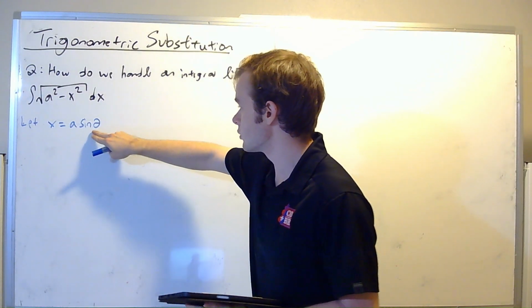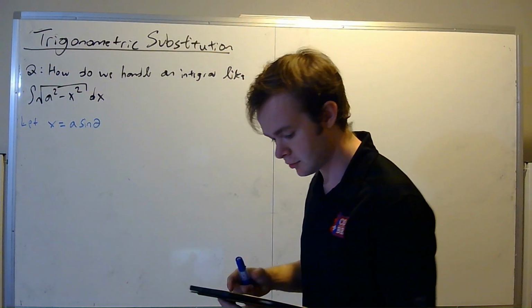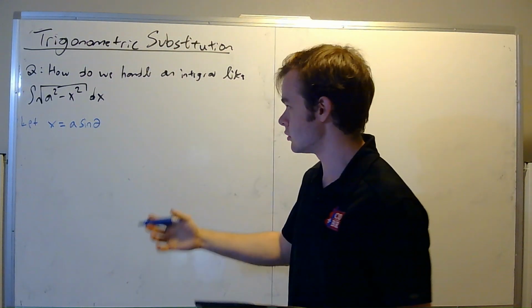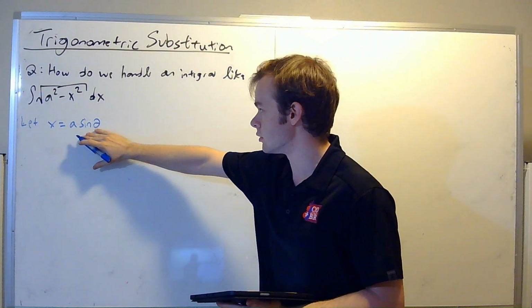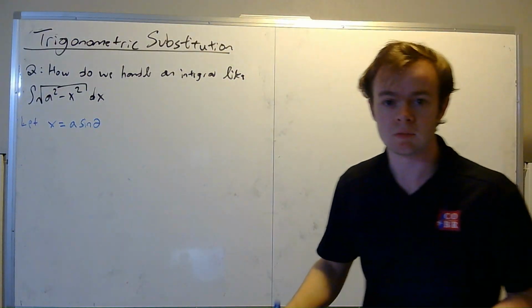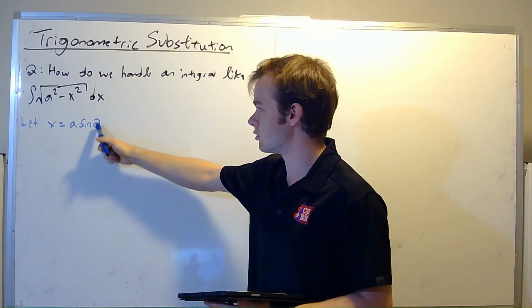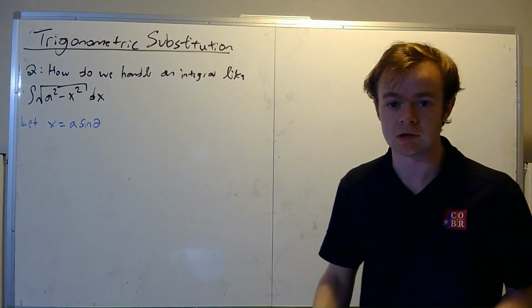So if we see something like this, we just substitute it with a sine theta, and just like whenever we're doing u substitution, or in this case, we're substituting x with a sine theta, we need to, of course, also change the variable of integration. So we're changing this into thetas, so we also need to change dx.